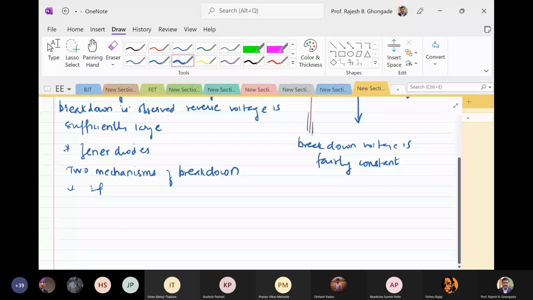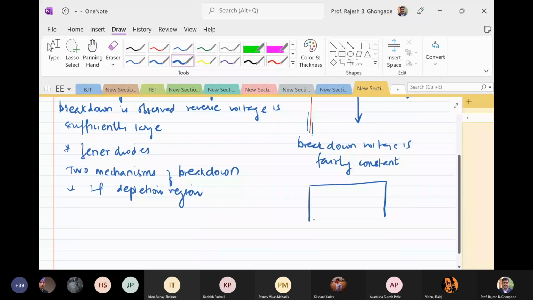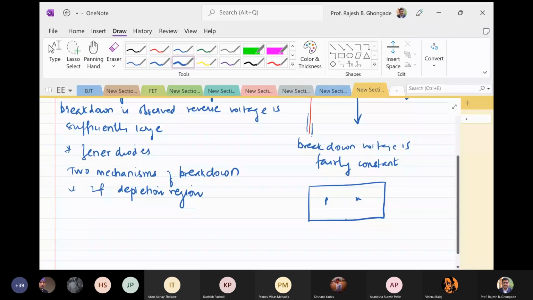So there are two mechanisms of breakdown. Now, if you look at a reverse biased PN junction, we have a depletion region.